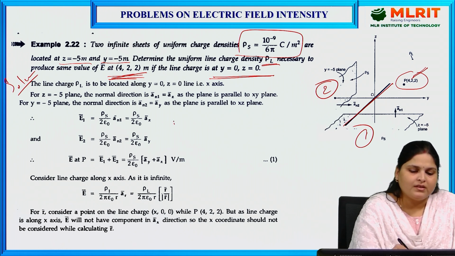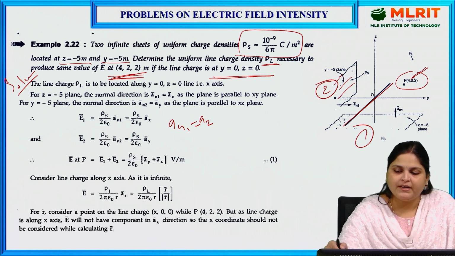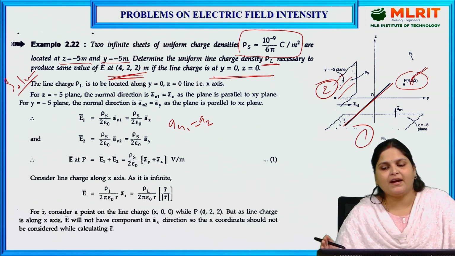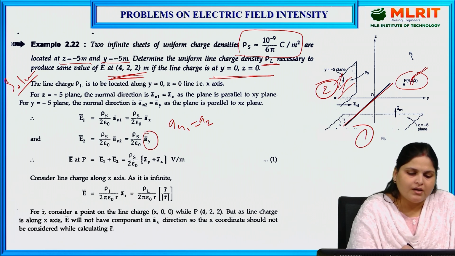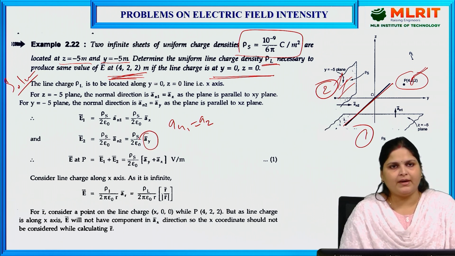So the unit vector will be positive az. Similarly, due to the second sheet of charge, the point is on the right hand side of this particular sheet. So here also the unit vector will be positive ay.